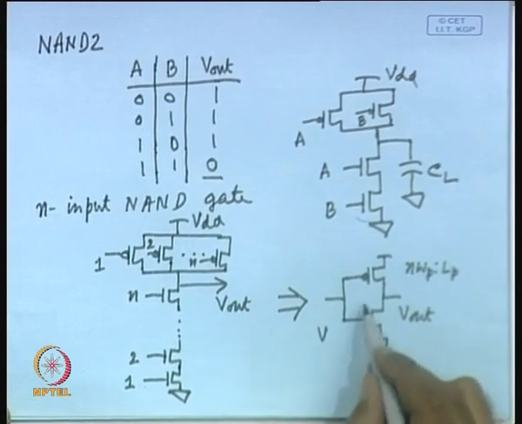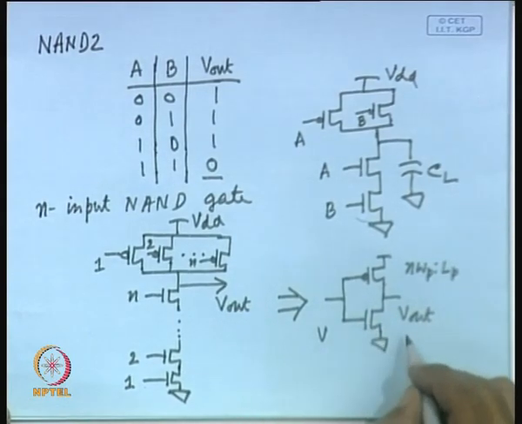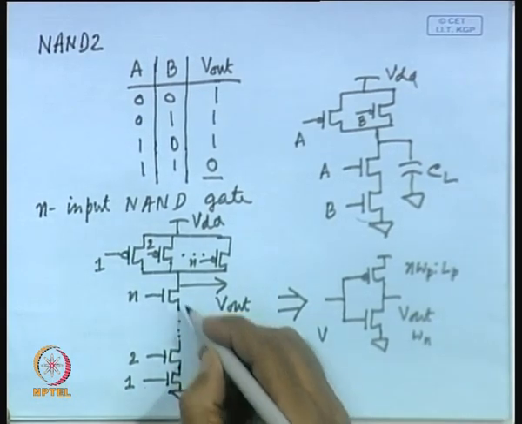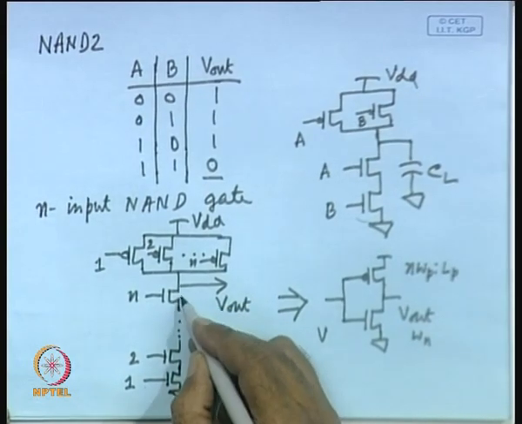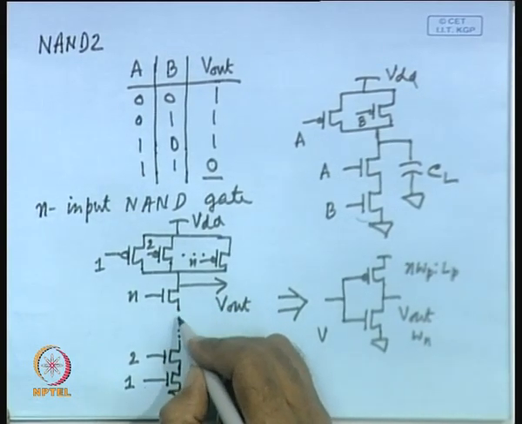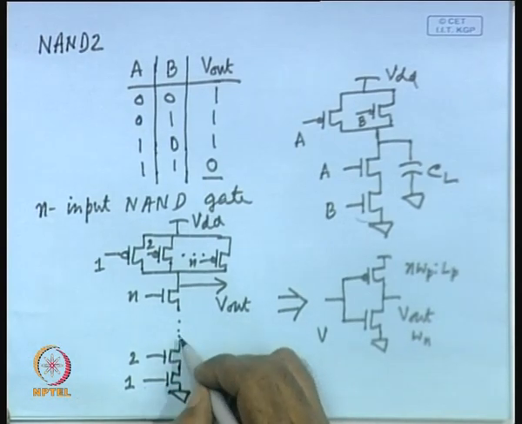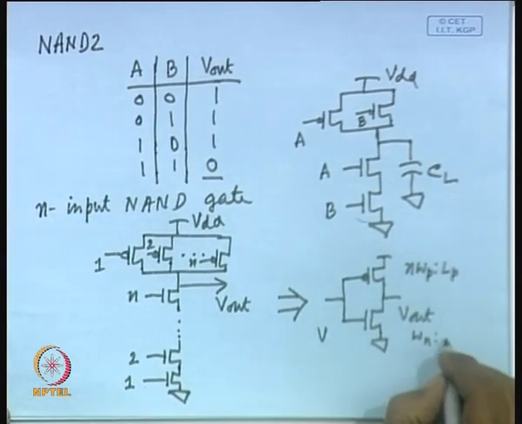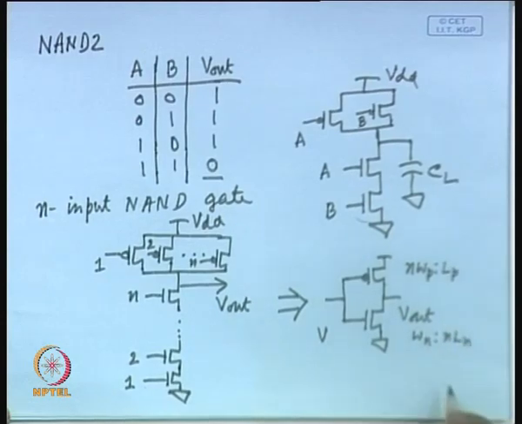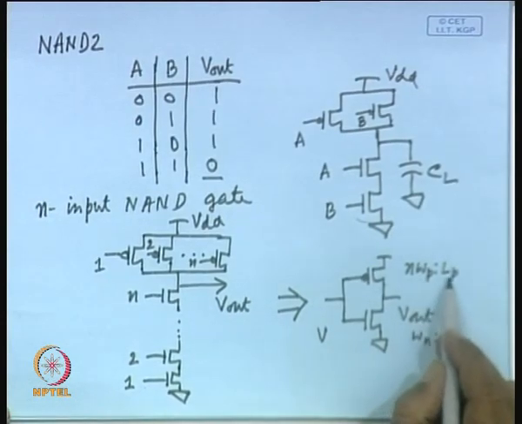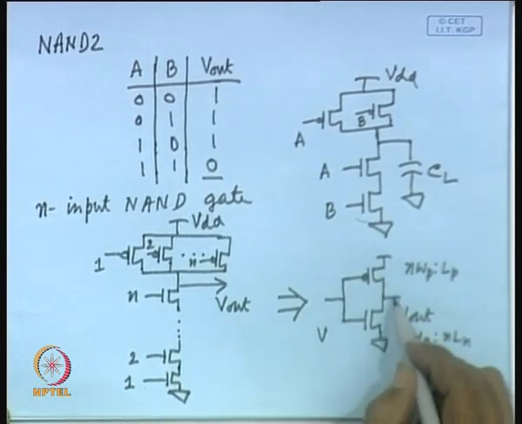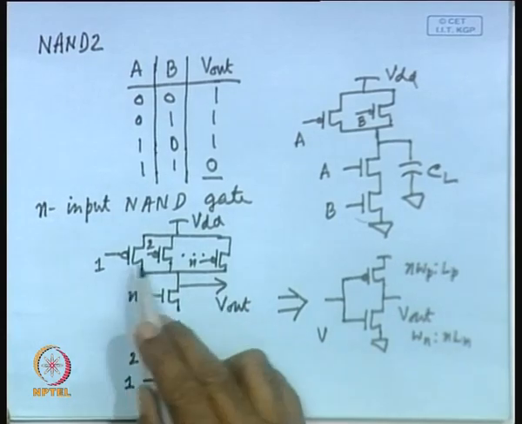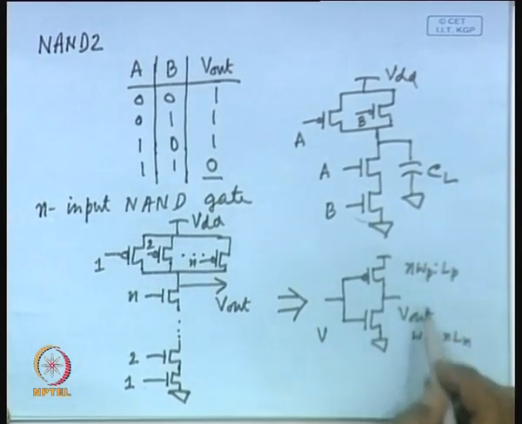Similarly, for the NMOS transistor, W n will not change, but the length will change, because these are in series, as if you have connected n transistors in series. So, their lengths add to form n L n. So, this is the W by L ratio for the inverter, which is essentially realized by tying all the inputs together.